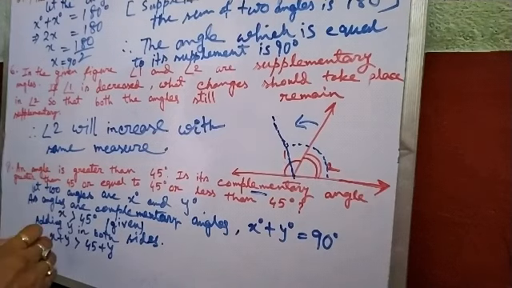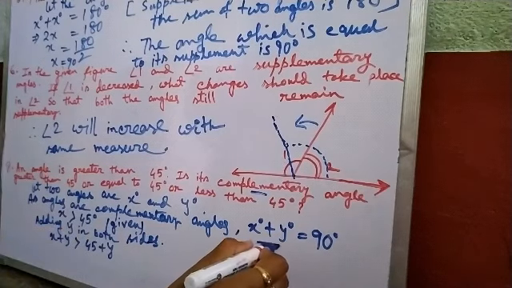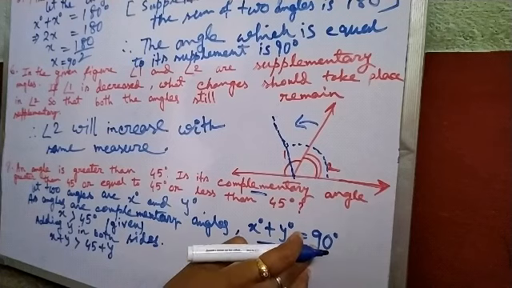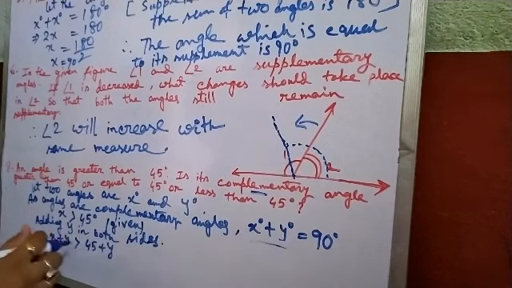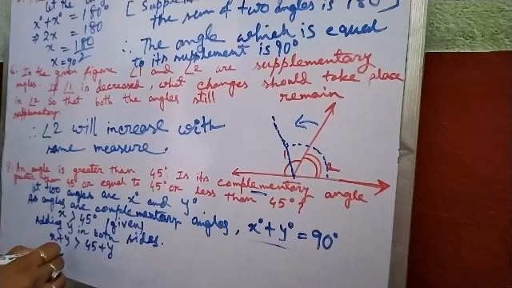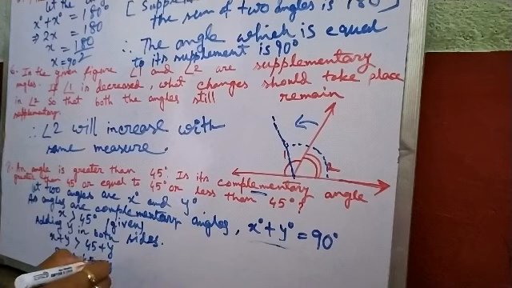So x plus y, we know, is 90 degrees. So here I am putting 90 degrees greater than 45 plus y.